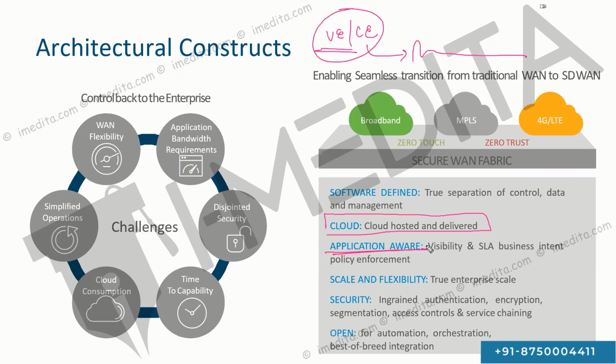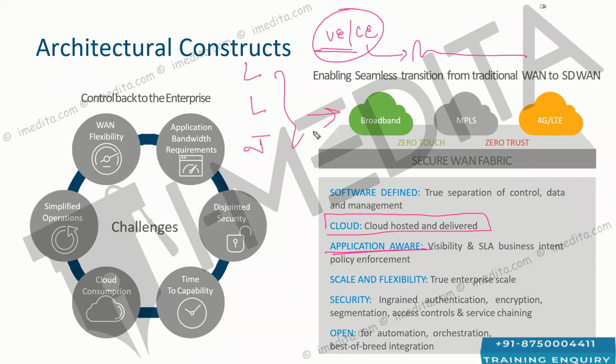You have that visibility, and you can enforce some policies to be compliant with the SLA of your business. We can enforce a policy that, if this application traffic faces this much loss, latency, and jitter, switch to the other path. We can create a policy like that.